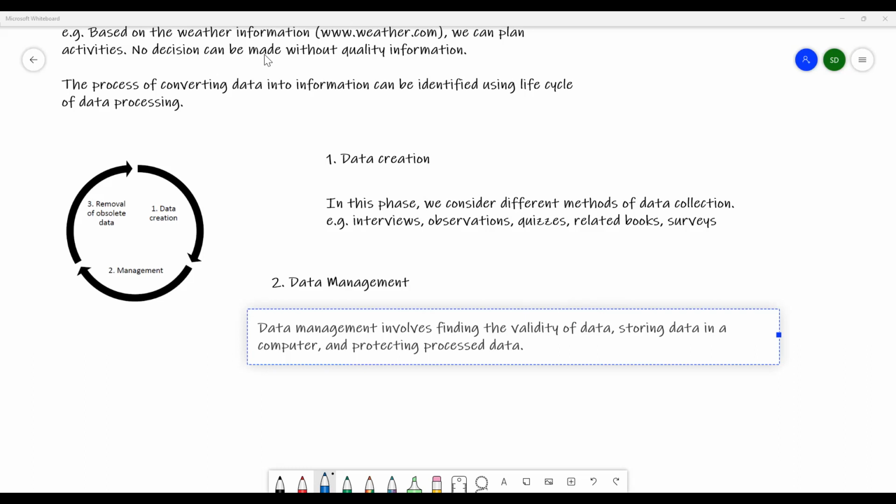Okay. When you say data management, once you collect the data, you have to find whether the data is valid. Now let's say we are collecting marks of a subject. If somebody enters data as 125, is it a valid mark? No, right?